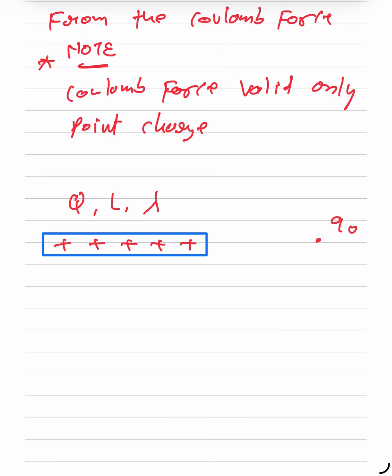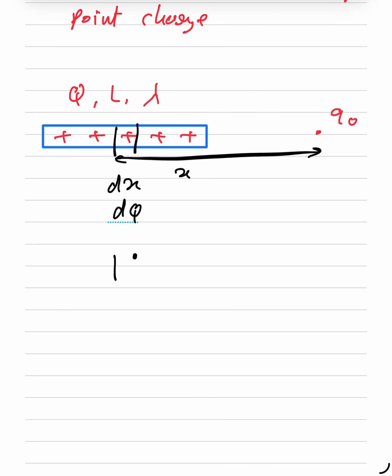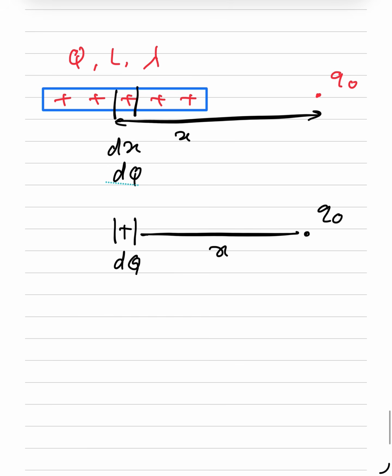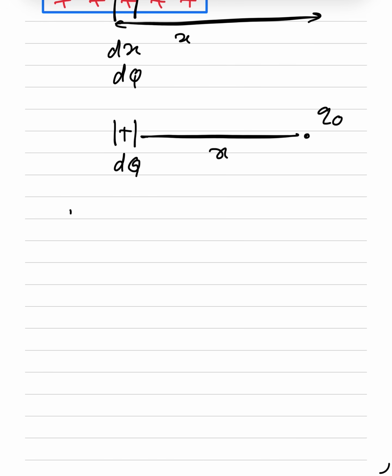From distance x, cut a dx thickness with charge dq, like this. This is the x distance, and the next is the point charge Q naught. Then the Coulomb force between dq and Q naught.